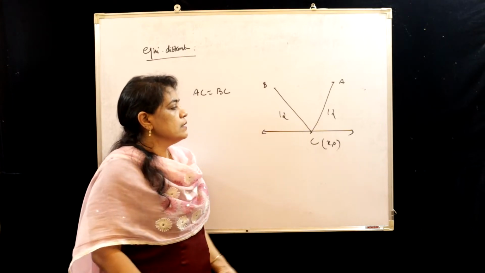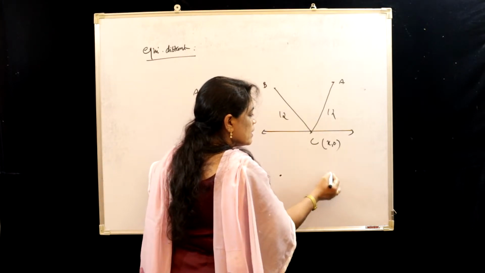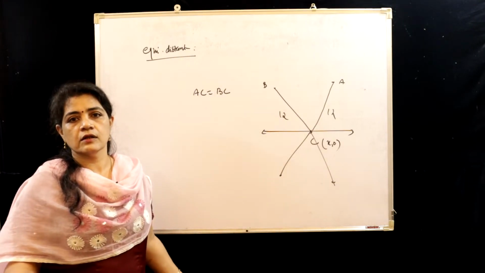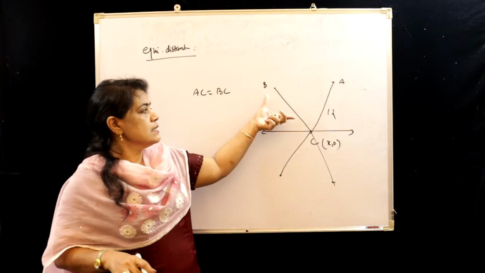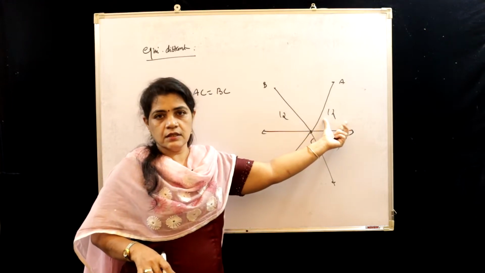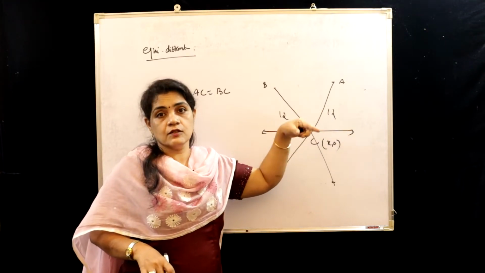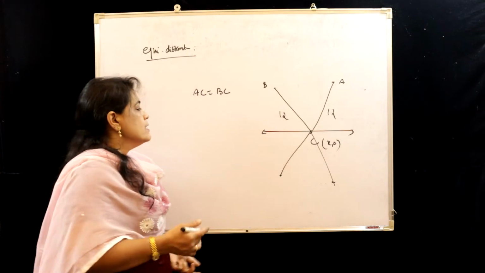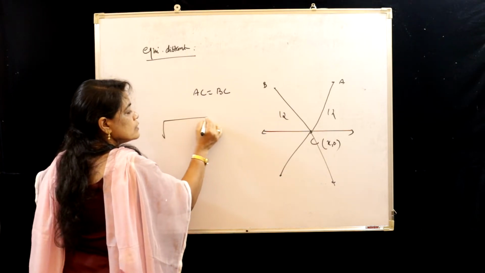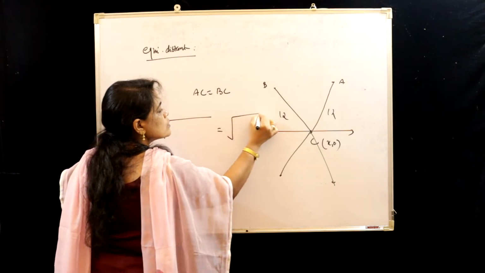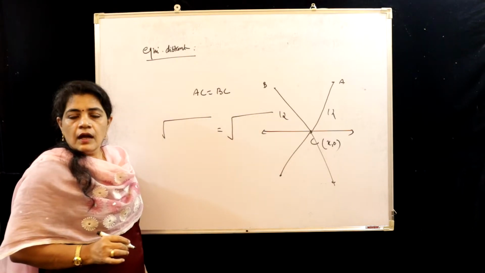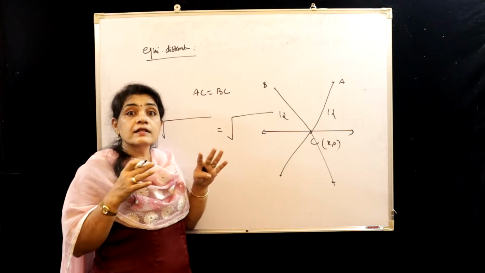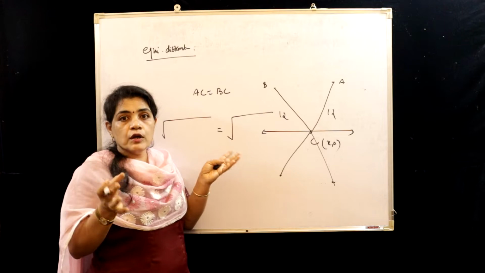Sometimes the point can be marked like this, equidistant from the x-axis, that doesn't matter. The concept is that this distance is equal to this distance, and you can apply the distance formula. When you apply it, you will have a square root here and here also. Understood? In order to solve this, you have to eliminate the square root by squaring on both sides.